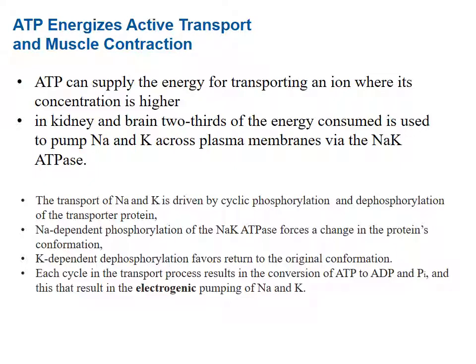Each cycle of this phosphorylation and dephosphorylation converts an ATP to ADP and a phosphate, and that results in electrogenic pumping of sodium and potassium. Now, here's a question. What is electrogenic pumping?